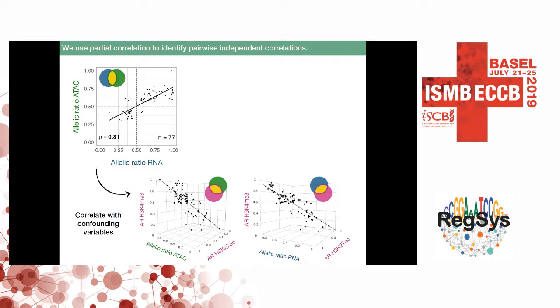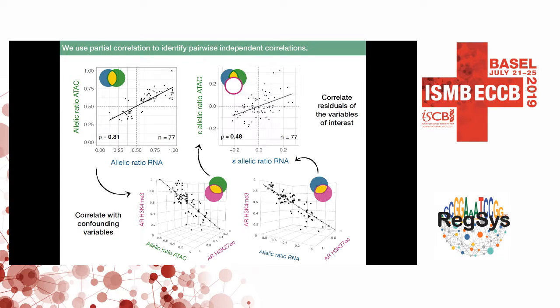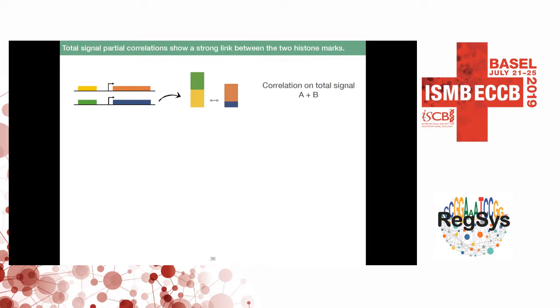So in our case, as I said, it's the 2 histone marks. You regress them independently, and what you do is that you extract from those 2 regressions the residuals, so actually the variation that is not explained by those histone marks, and you correlate them together. And in that case, you have the direct correlation between the RNA and the ATAC that is not explained by the histone variance.